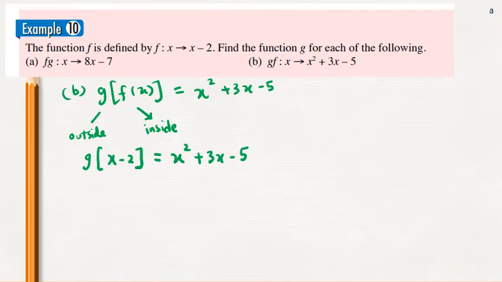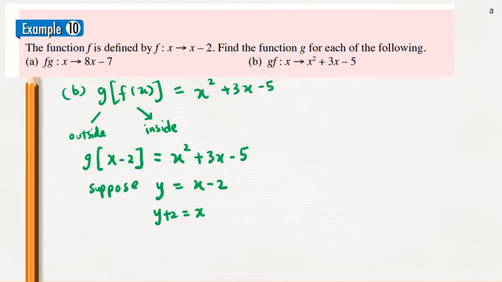Now you need to let y be equal to x minus 2. Now we want to make x the subject, so you just bring y plus 2 is equal to x. Whatever is here, we need to substitute.